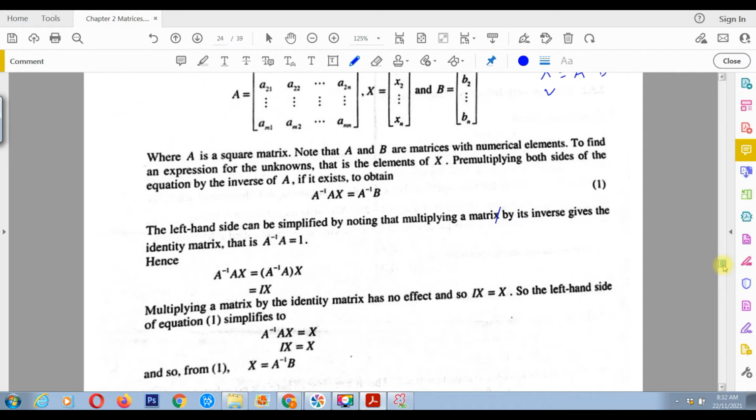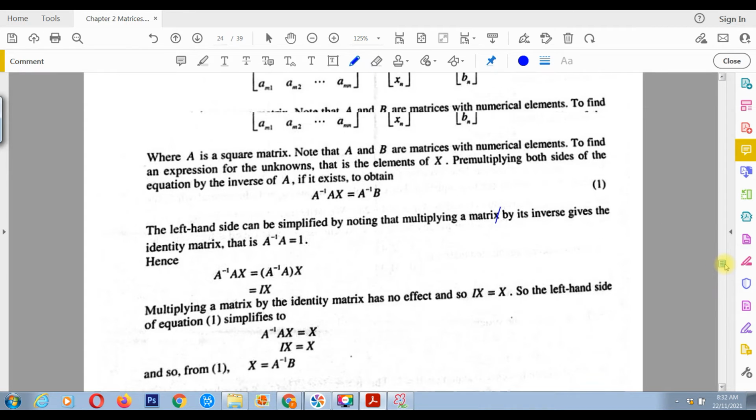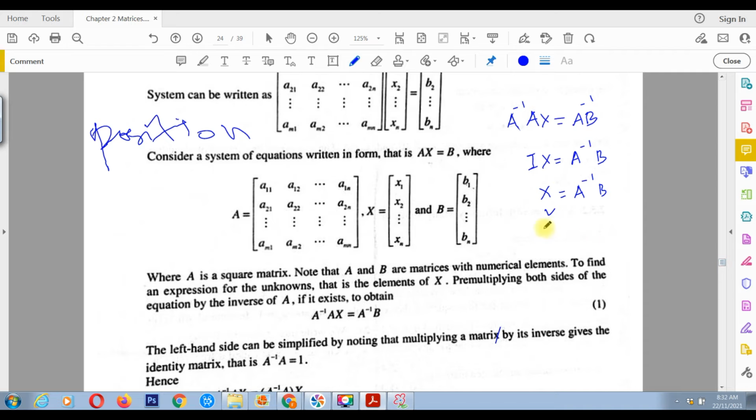Now why when we multiply Ix, do we get x itself? Why do we multiply by the identity and get the matrix itself?